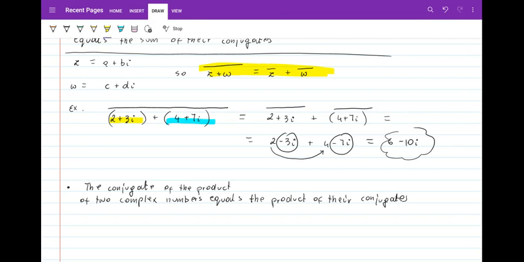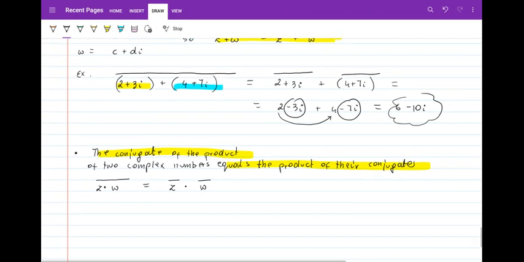So this is another theorem. Technically what it tells you is, when you have two complex numbers, z times w, and you have to find the conjugate of their product, you can find the conjugate of z, then find the conjugate of w, and then multiply those conjugates together.